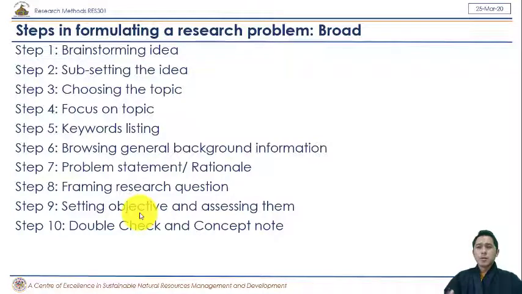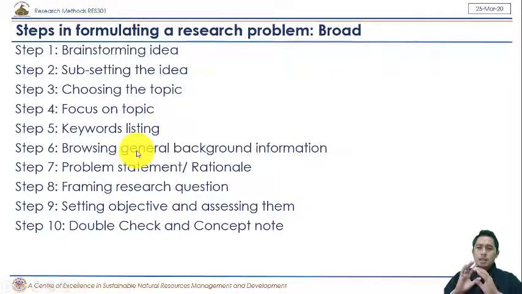This is a very broad method, and it is exactly what we did with our research topic assignment. There are 10 steps to formulate a research problem, starting from brainstorming the idea, subsetting the idea, choosing the topic, focusing on the topic, keyword listing, and so on.